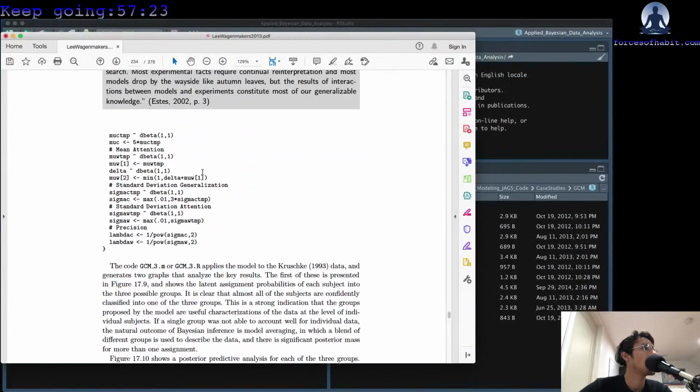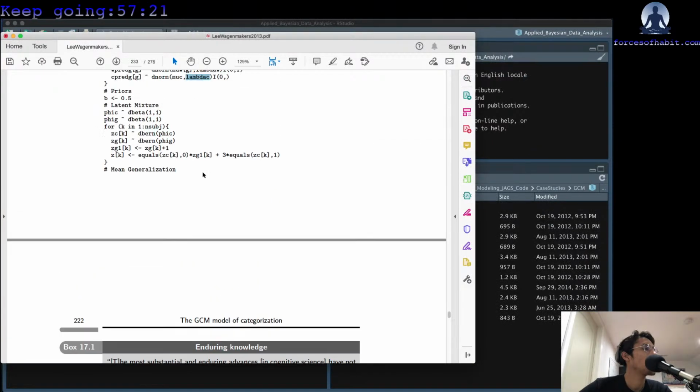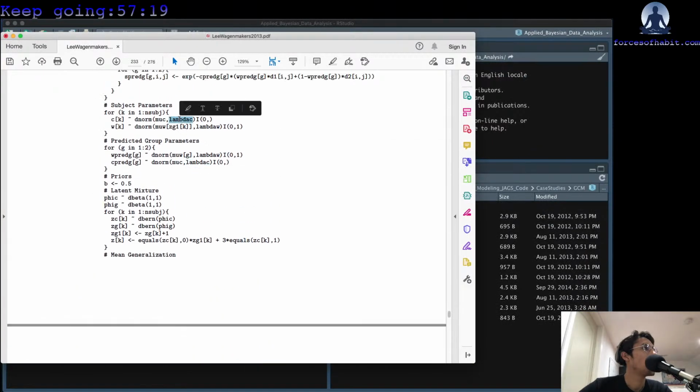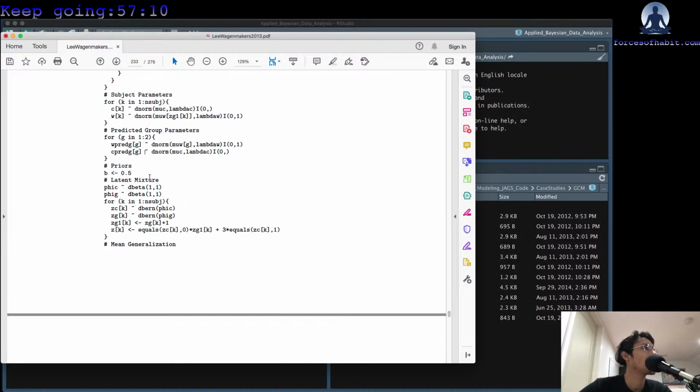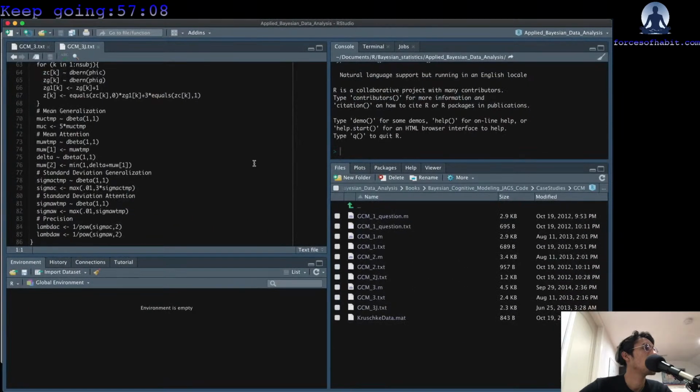Interesting. One thing I just noticed, lambdas get used above here too for inference of the parameters, and these are predictives for the groups. I see.